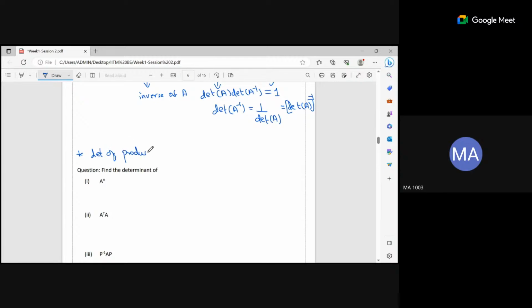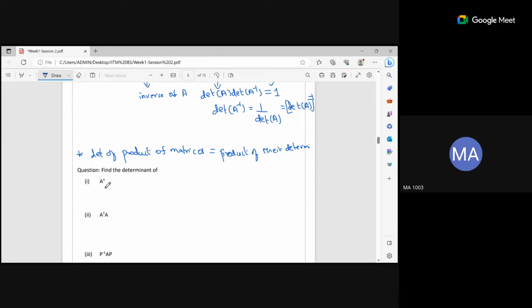You don't have to worry about the number of matrices. For any finite number of matrices, the determinant of the product is the same as the product of their determinants. So it is determinant of A, n times.